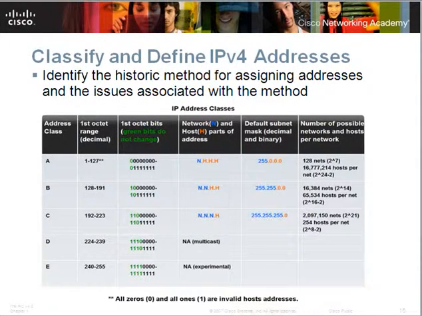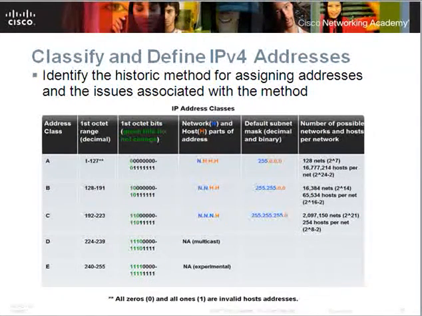What is the classification? In class A, the first octet, 8 bits, is the network portion, and the remaining 24 bits are host. In class B, 16 bits are network and 16 bits are host. In class C, 24 bits are network and the remaining 8 bits are host.